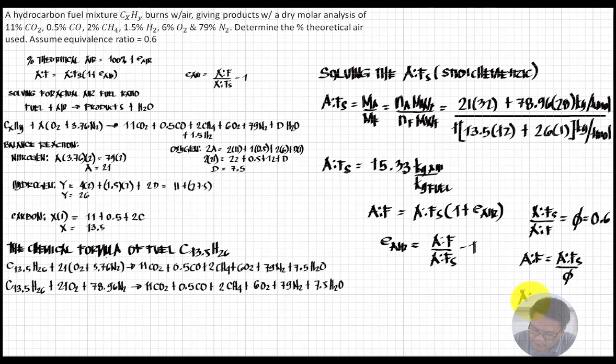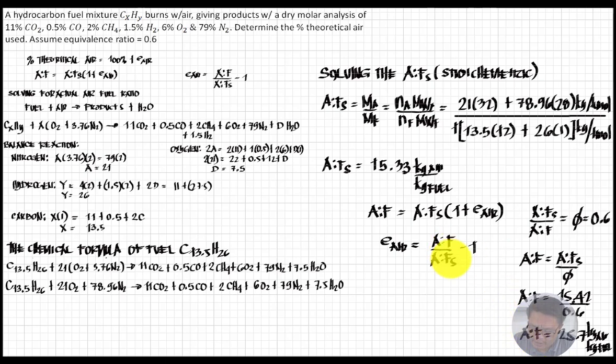So our actual air fuel ratio will be equal to 15.42 divided by 0.6. Okay. So our actual air fuel ratio now is equal to 25.7. So that will be kilogram of air per kilogram of your fuel. This is now our actual air fuel ratio.